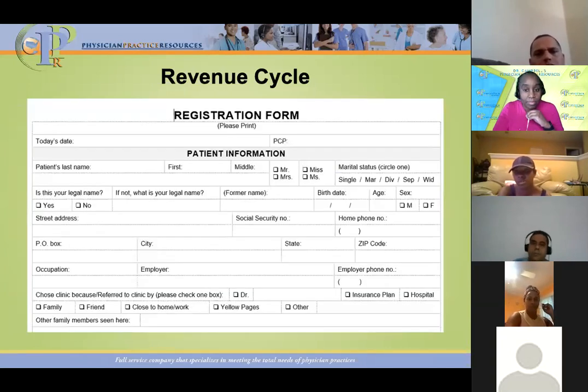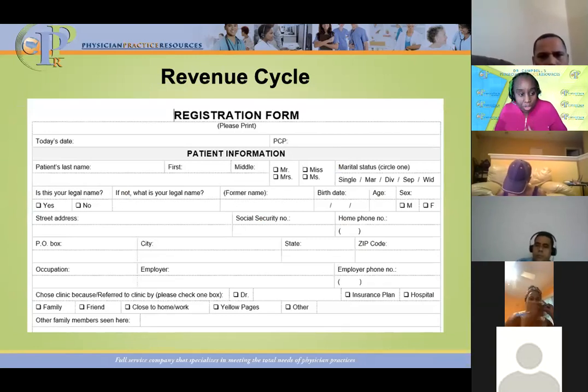Insurance information. Yeah, so we get insurance information, we get demographic information, right? And why do we need demographic information? Why do we need to know their name and where they live and all of that?